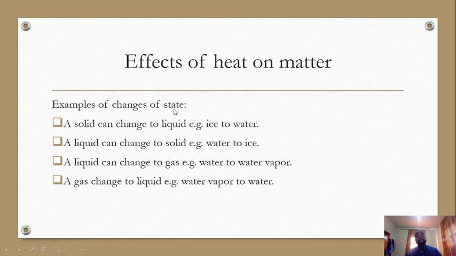Examples of changes of state. A solid can change to liquid, like ice to water. For example, if you have ice in a cup and put it in the sun, or close to fire, it will change from ice, which is solid, to water, which is liquid, right?